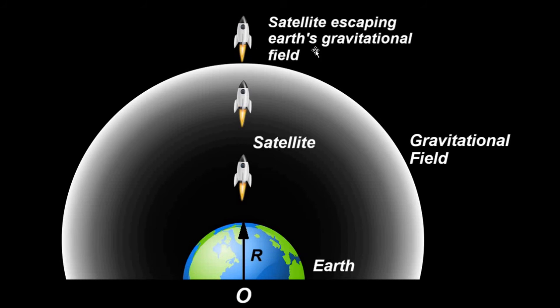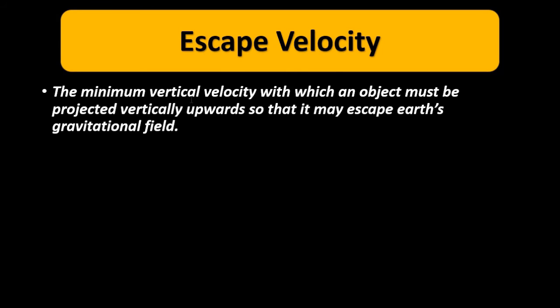The rocket is launched such that it escapes Earth's gravitational field, and this minimum vertical velocity with which the rocket or the object is projected vertically upwards so that it escapes Earth's gravitational field, that is called the escape velocity.